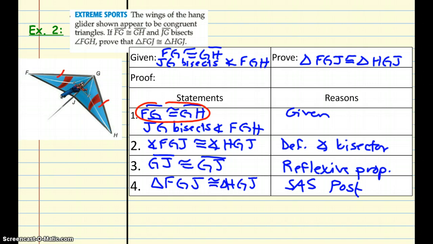Our angle FGJ is congruent to HGJ, that's right here. And then we know that GJ is congruent to GJ. That's this middle piece. So that's why we can say, based on the side angle side postulate, those two triangles are congruent. Happy proving!